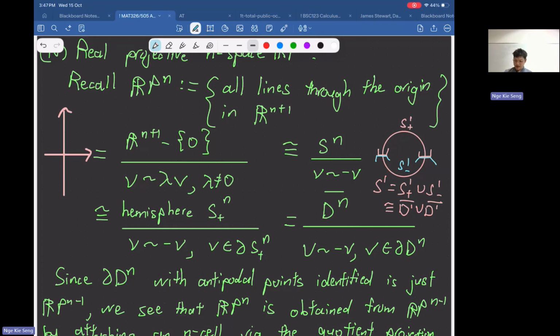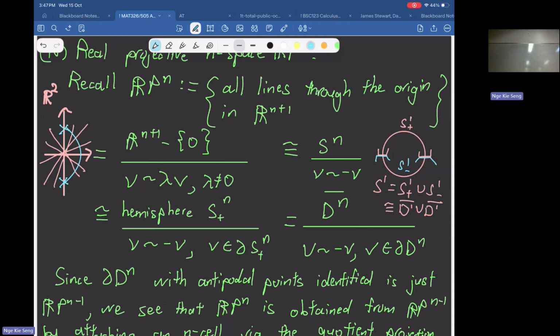Let's do the one for R2. And then we identify this line as a point. Yes, we take half only. So we just take half of it, and then I identify these 2 points here. Why? Because the whole line we regard as one.